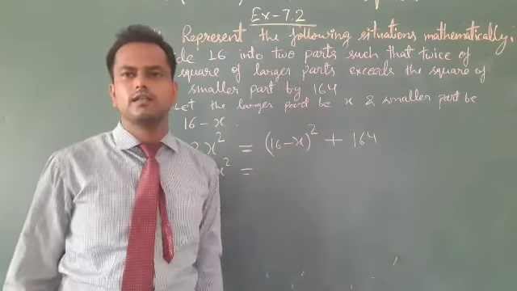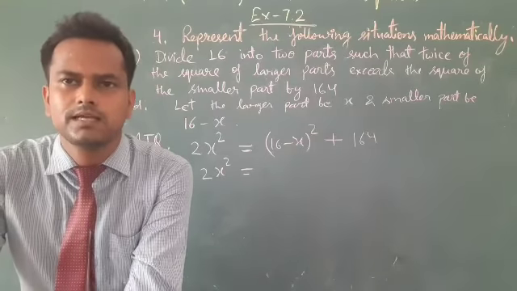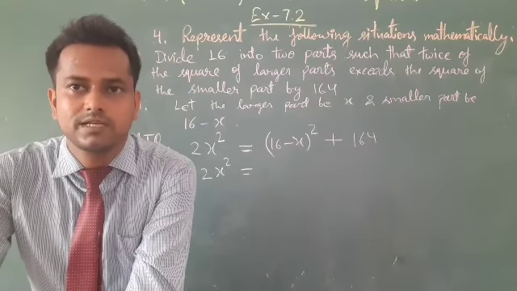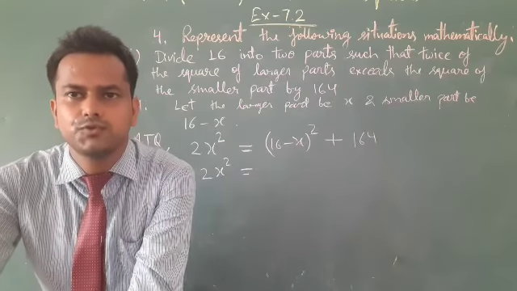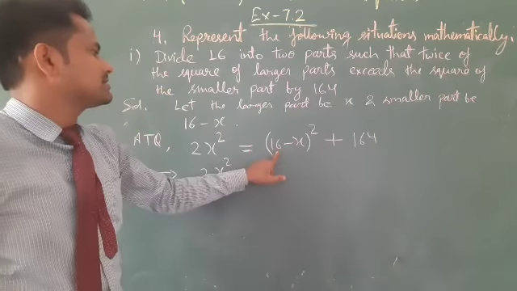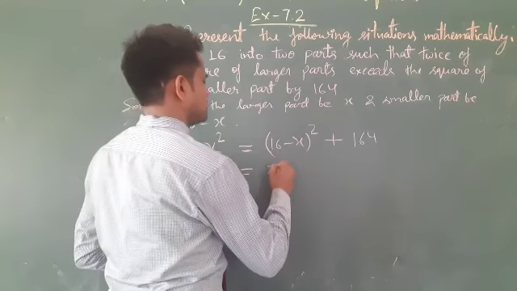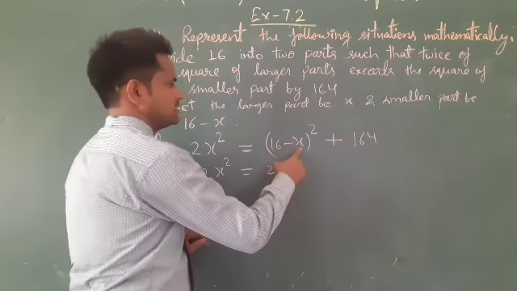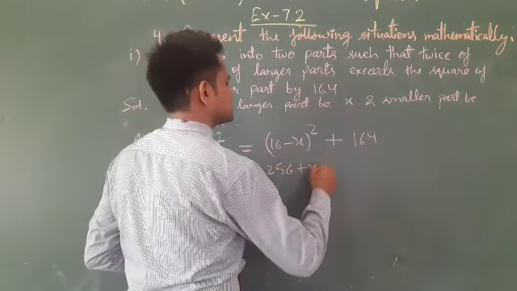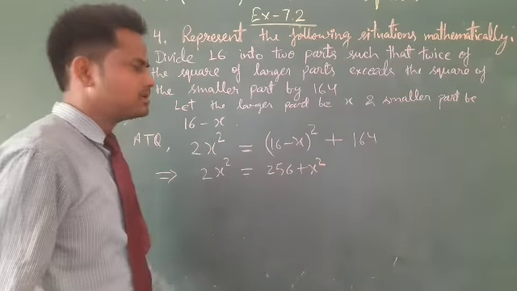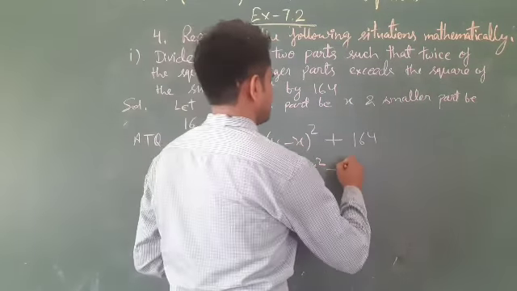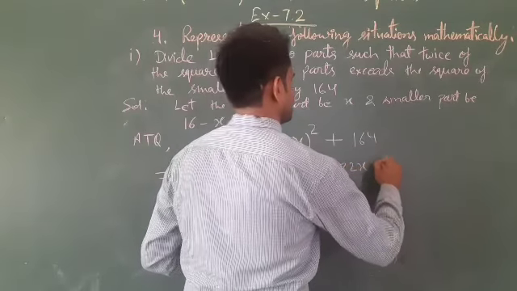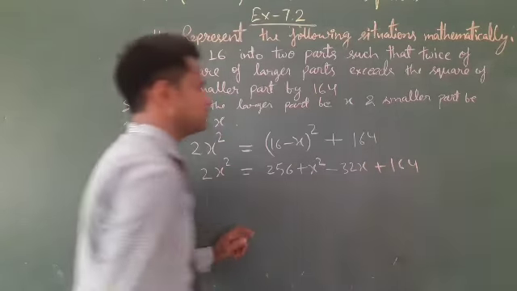You know very well the expansion of a minus b whole square is equal to a square plus b square minus 2ab. Then here 16 square is 256, plus x square, minus 2ab, which is 2 into 16 into x, so minus 32x, plus 164.